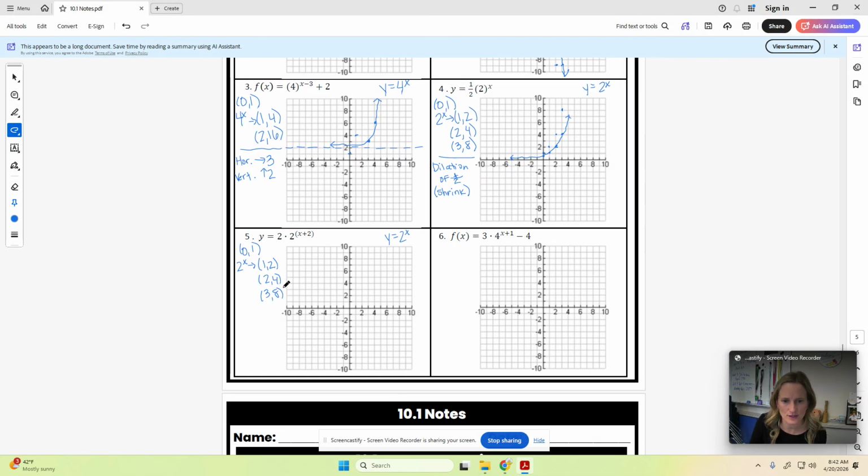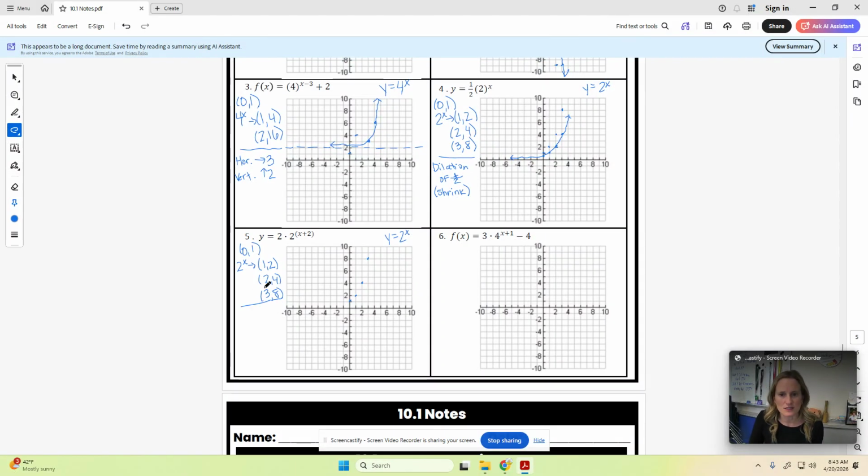So those are my starting points. I'm going to use all 4 of them again. Same parent function is there, so I didn't have to think too hard about this starting information.